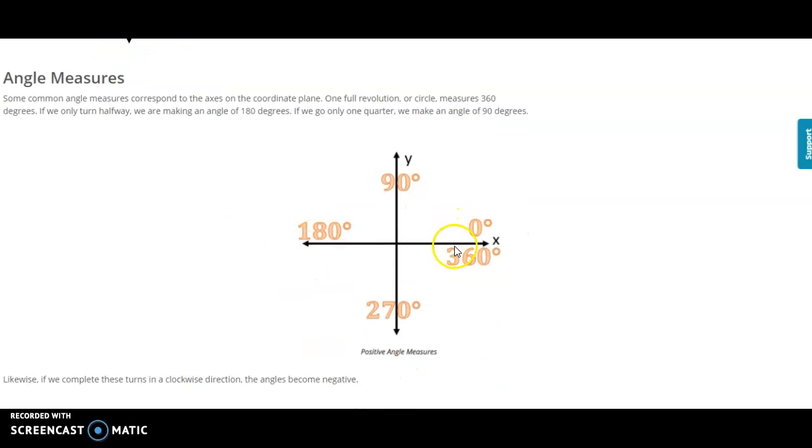A positive 90-degree angle would open up to the positive y-axis. A 180-degree angle would open up to the negative x-axis, and a 270-degree angle would open up into the negative y-axis, and a 360-degree angle would get us back to where we started from, or would be the same thing as a 0-degree angle.